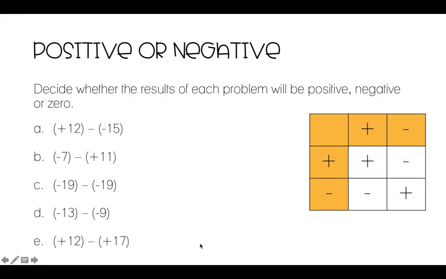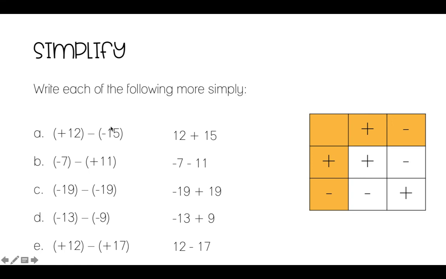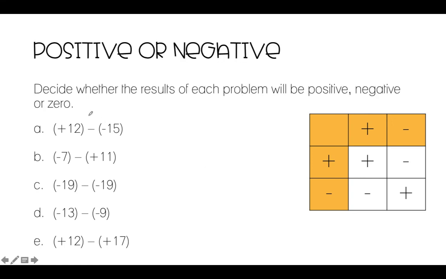So let's state whether our answer from this is going to be positive, negative, or 0. So 12 take away negative 15. So again, this becomes positive. So it becomes 12 plus 15, which would give us a positive answer. Negative 7, and a negative and a positive gives us a negative. So negative 7 take away 11 gives us a negative.